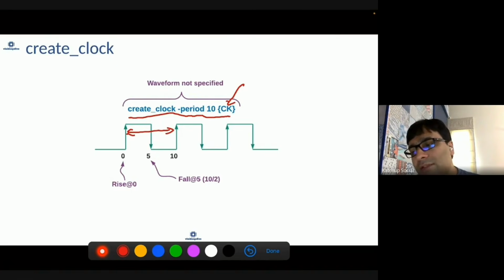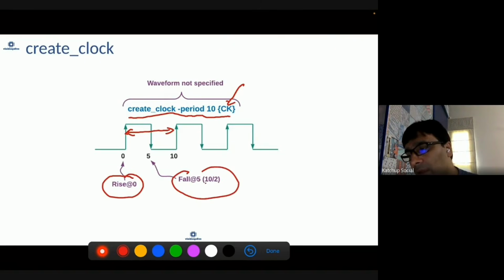That rise and fall are of equal width, and rise happens at t equal to 0, and then fall happens at period of the clock divided by 2, which is 5 in this case. So if you don't specify the waveform option, the clock is 50% duty cycle, and rise happens at t equal to 0, and fall happens at 50% of the period, which is t equal to 5 in this case.